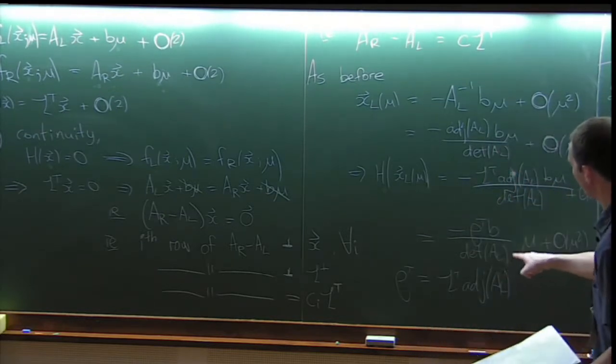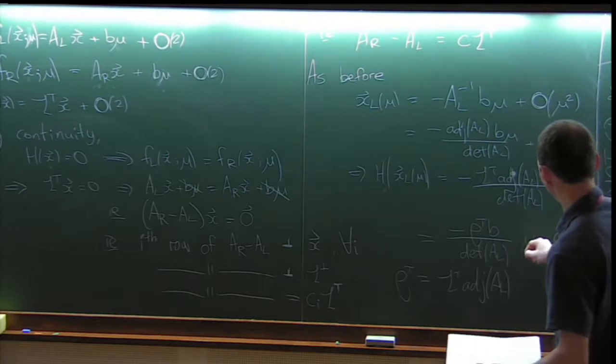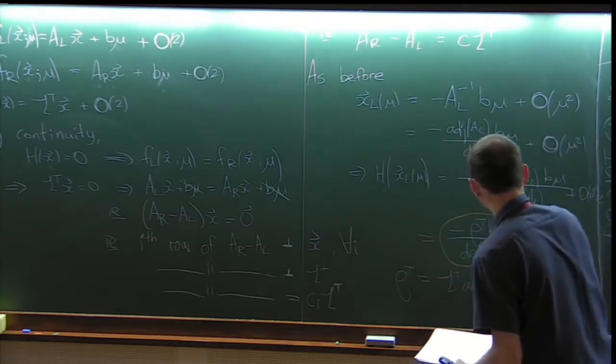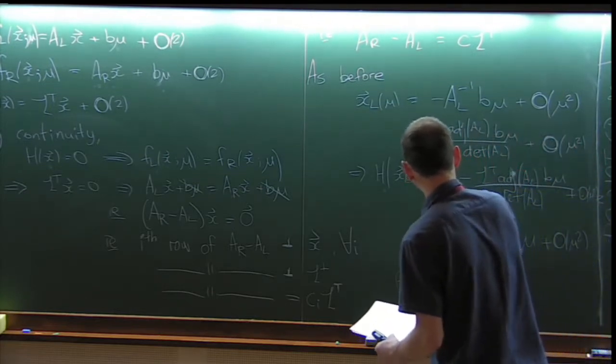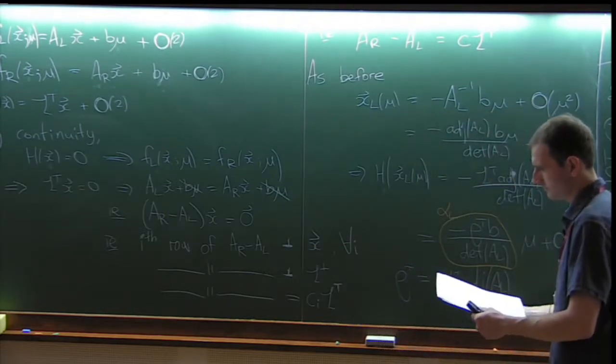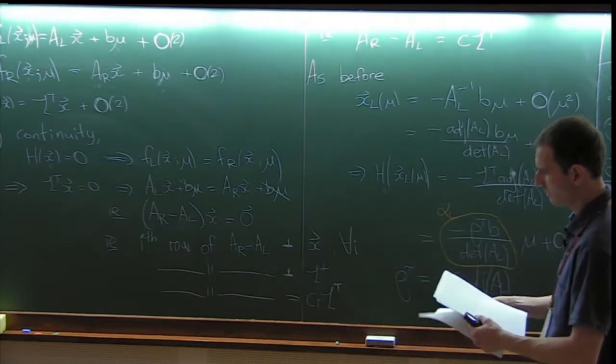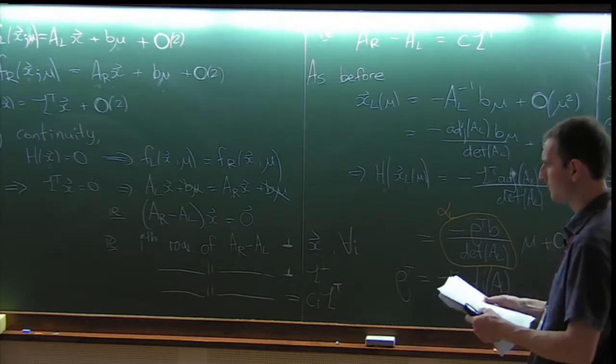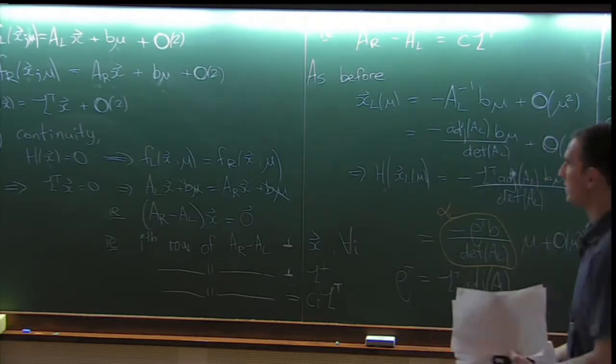So in summary, we get some constant times mu. I call this constant alpha L. Okay, so that's all the same as yesterday.